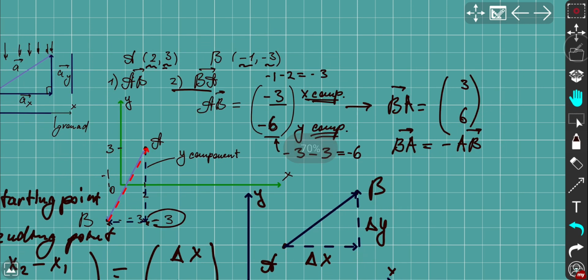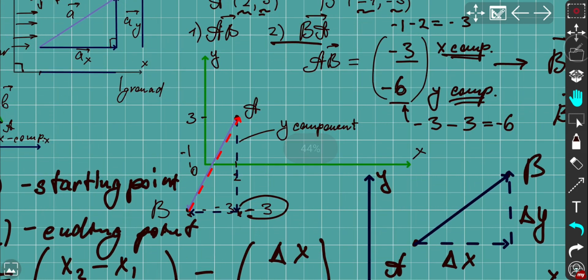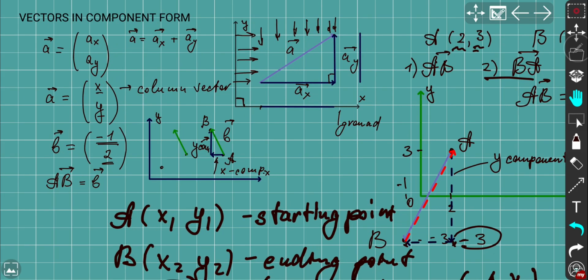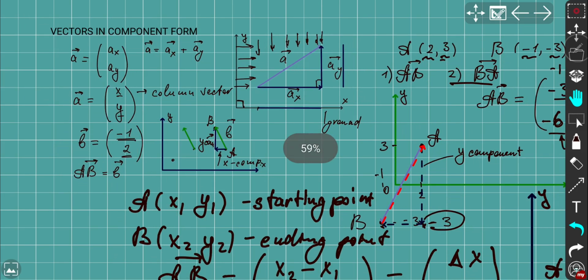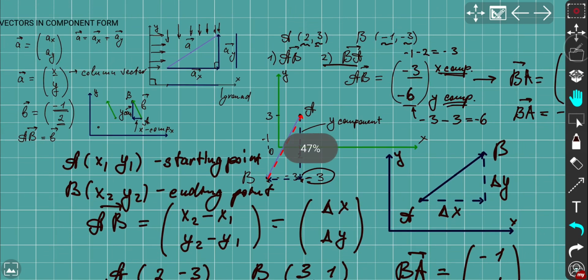All right, guys, hope you understand that. That was vectors in component form, so you can explore it one more time if you're not sure how to do it, but it's pretty easy.